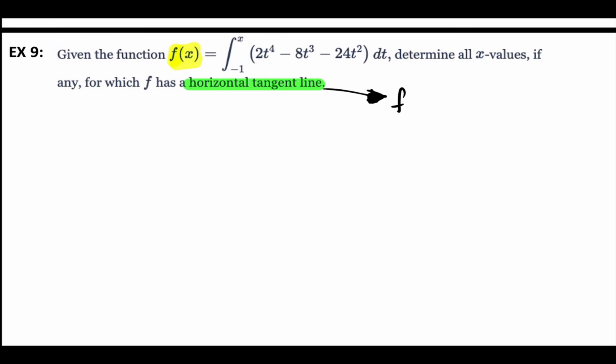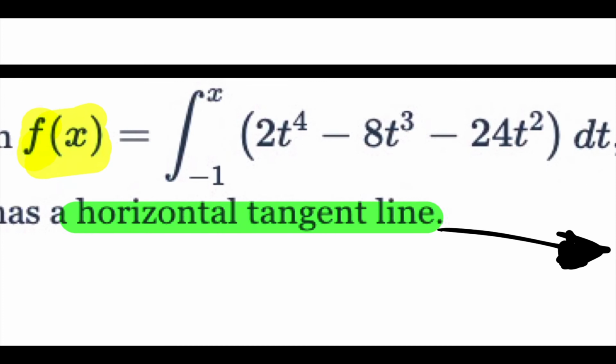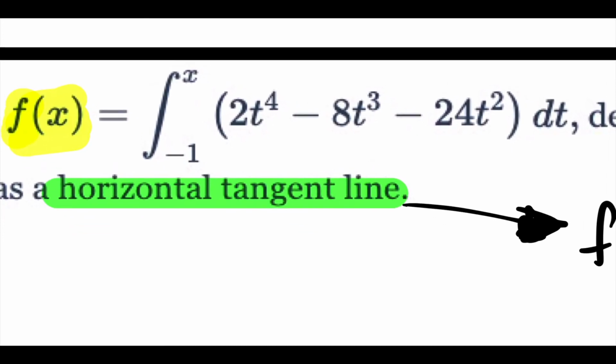There you go. Yeah, f prime. We have it as g prime in our notes, but it's f, so f prime is 0, right? So that's what we're looking for, when the derivative of that guy equals 0. Okay, how do I find the derivative of this guy here?